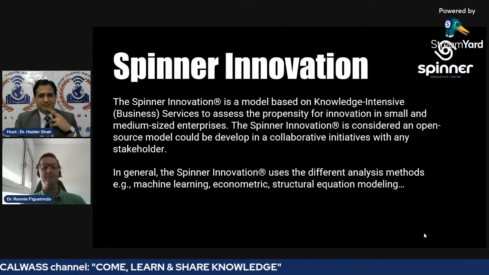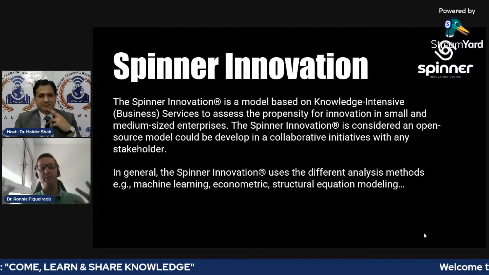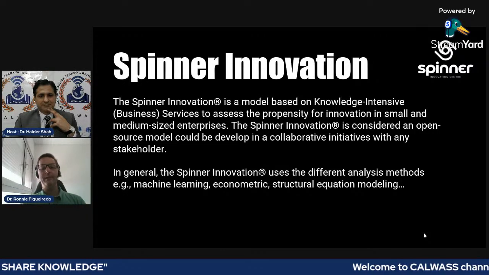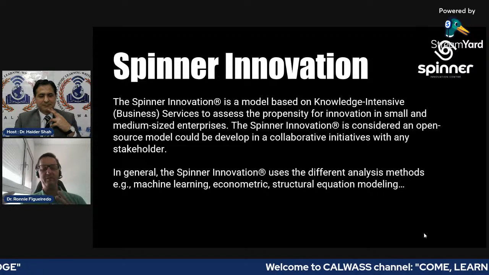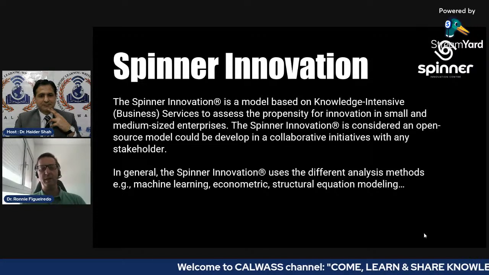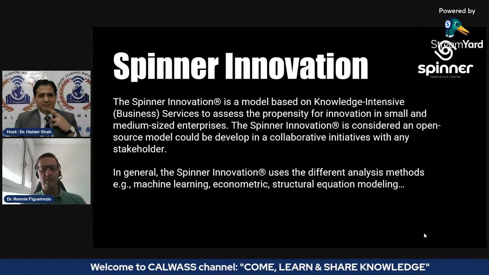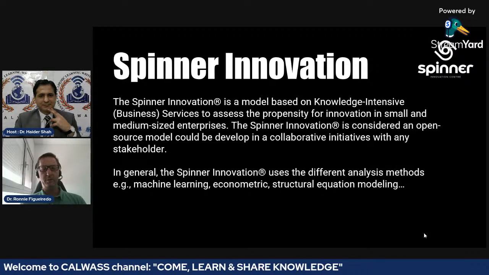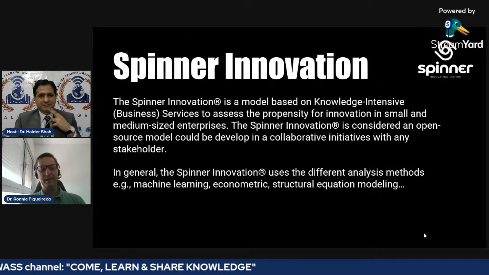That's the idea. The spin is considered an open source model, as I said, where you can invite different stakeholders or partners or students or colleagues and so on, combining with different methodologies or innovation models and with different techniques.